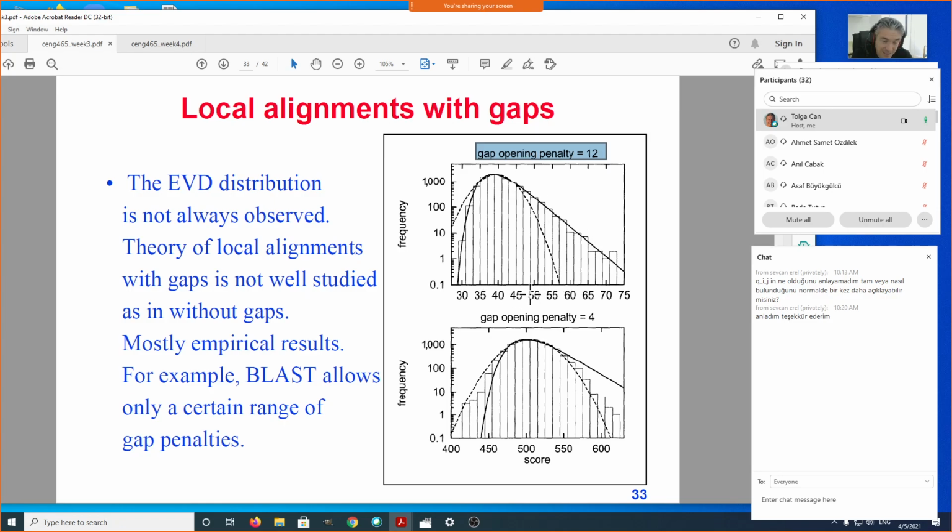But if somebody comes up and says that I found an alignment with a score of 200, look at this distribution of random alignments. You're going to say that a score of 200 is unlikely to be coming from this distribution. That's basically saying it's statistically significant.